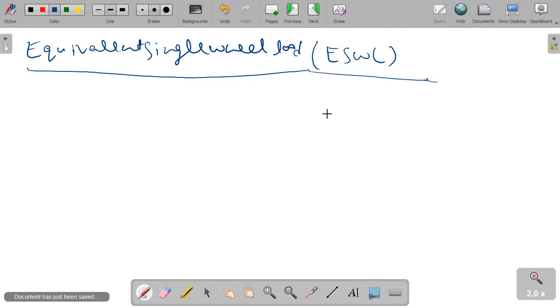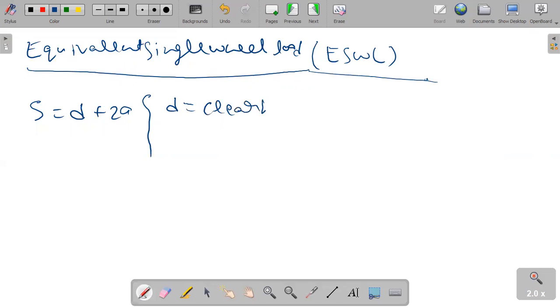In ESWL, we have a spacing S equal to D plus 2A, where D is the clear gap between two wheels, and A is the radius. Basically S is the spacing between the centers of the wheels.